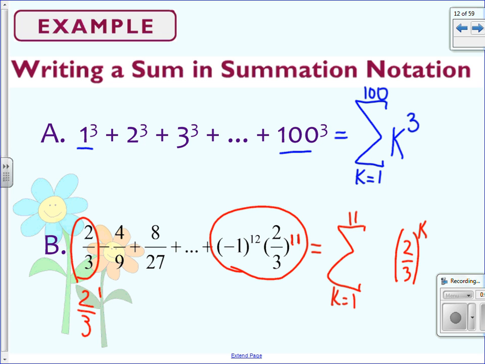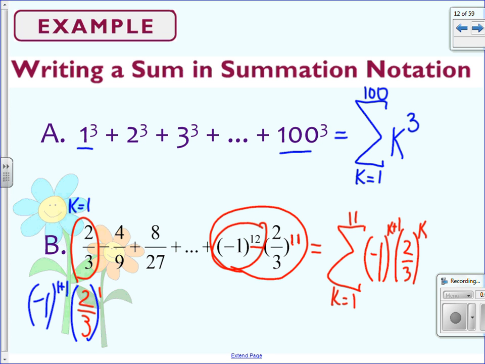Next, I note that this power of -1 is to the 12th. That is 1 more than 11. So -1 is to the k plus 1 power. Then I check to make sure my terms work. If I look at my first term at k equals 1, looking at that formula, I'd have -1 to the 1 plus 1 power times 2/3 to the 1.